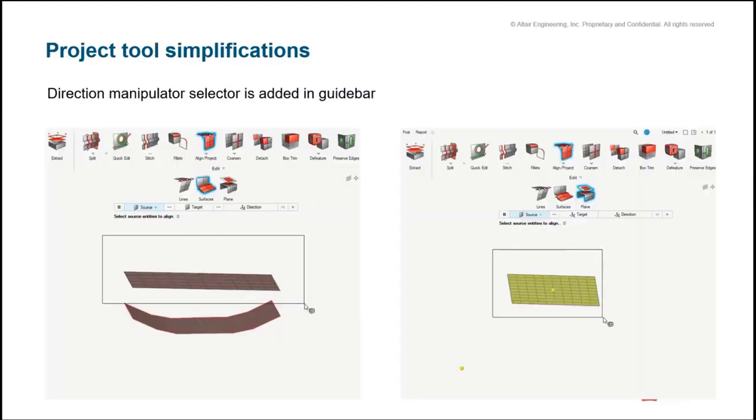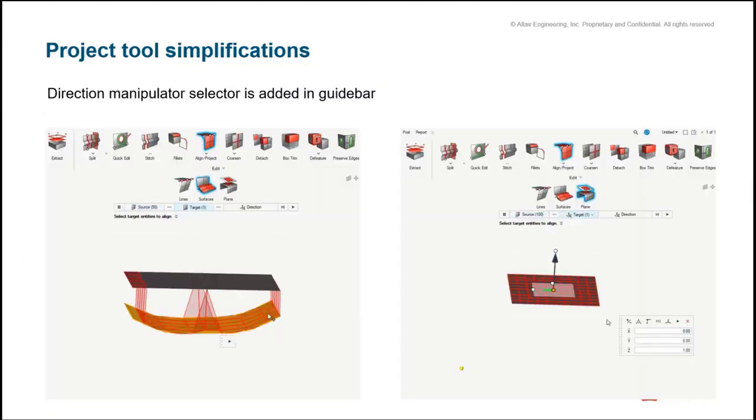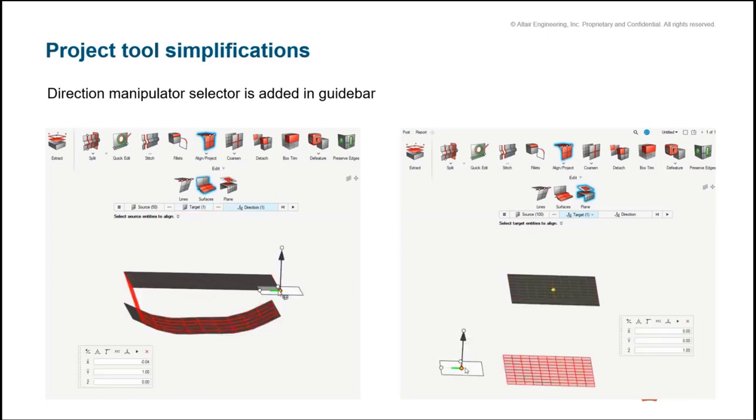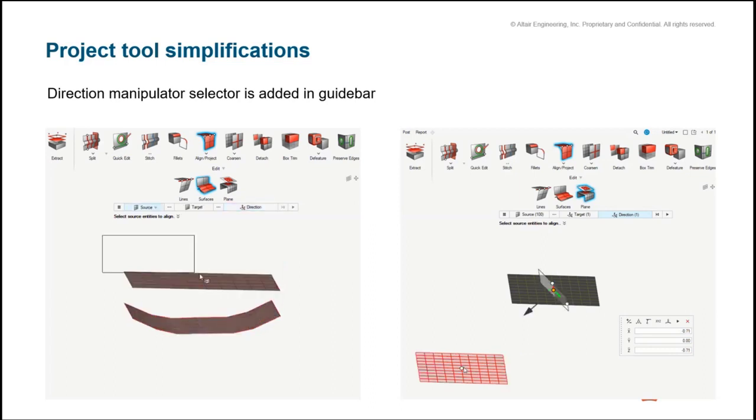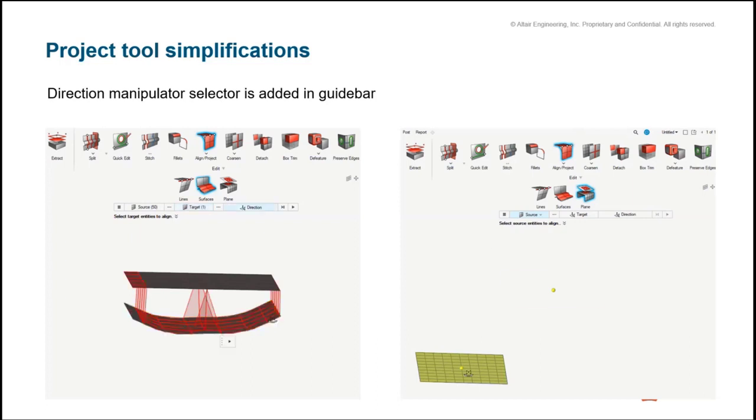We have also simplified the workflow for the project tool. Earlier, we had the direction in the micro dialog, and users were getting confused whether they are picking the plane manipulator or the direction manipulator, and what is the active one now.